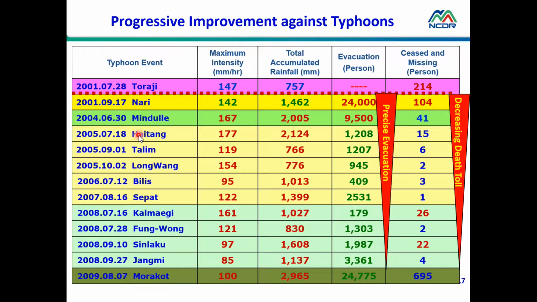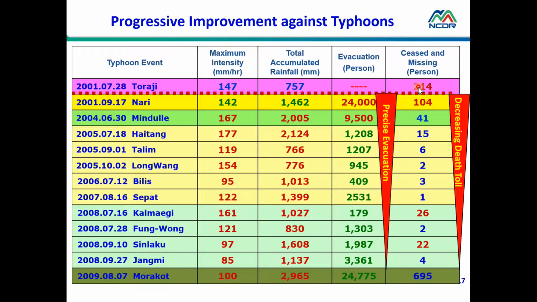Through the effort of the central and local governments, we have a good record in Taiwan of reducing the death toll, except for 2009 Typhoon Morakot. In 2001 in Taiwan, we suffered 2 typhoons. The first one was Typhoon Toraji, which caused 214 people dead.